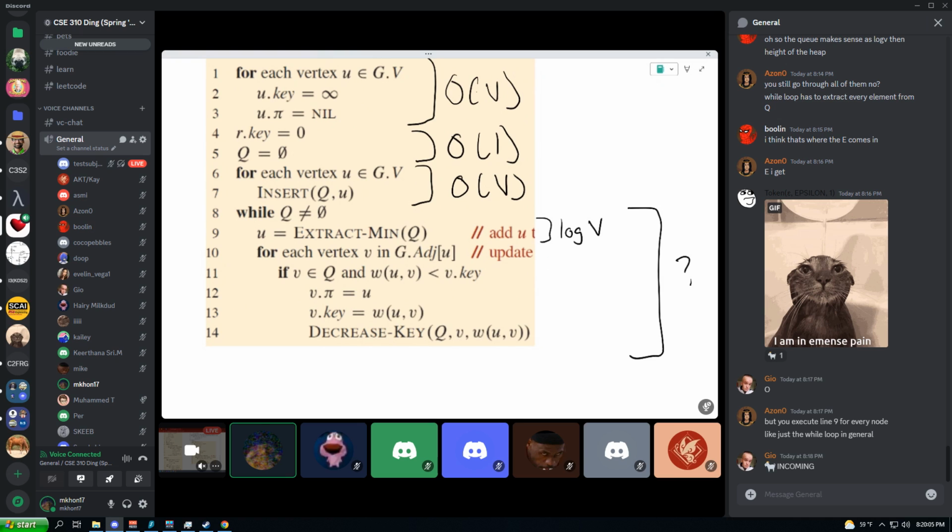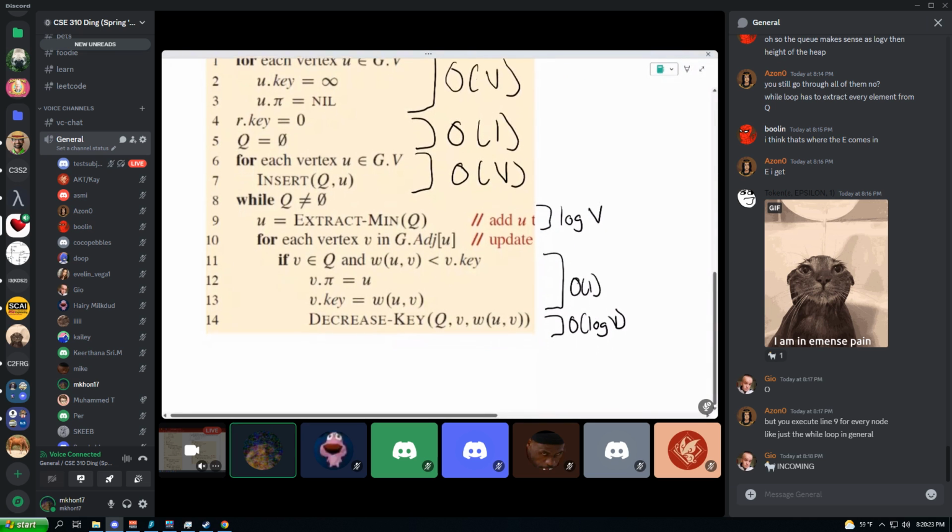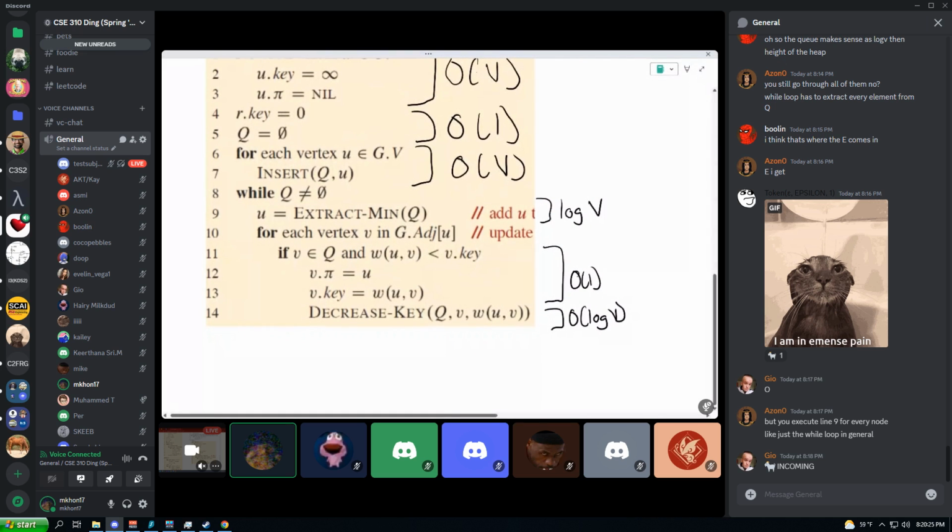So if we're doing that, this I believe is going to be where the edges come in, but we'll see. And then this is just an if statement, that's just going to be big O of 1, I don't care about that. Decrease key is going to be big O of log V, I believe. Let me check and make sure. So decrease key is big O of log V. Yes it is. Yeah, okay. And we got all that stuff going for us.